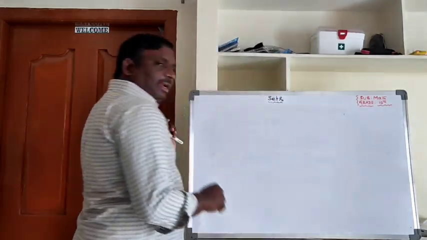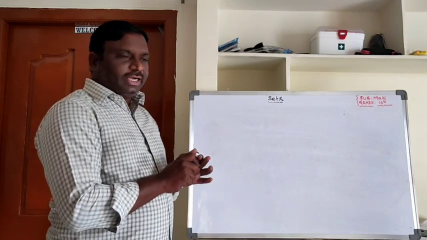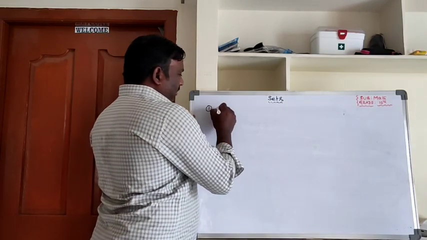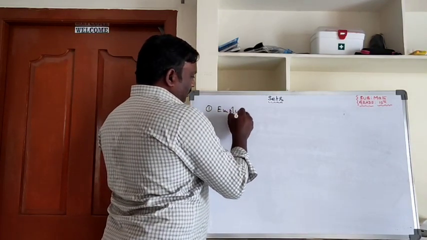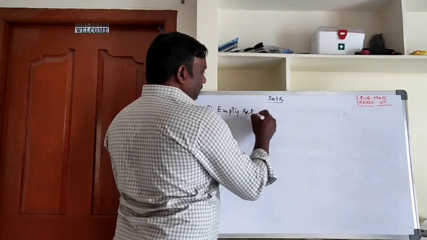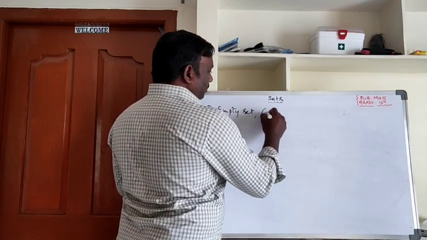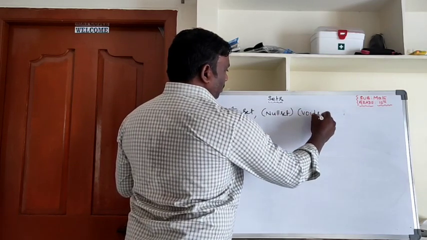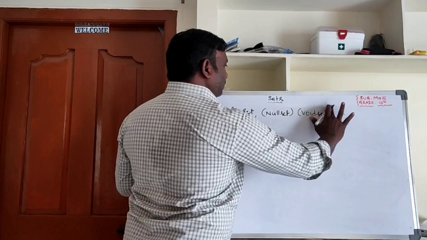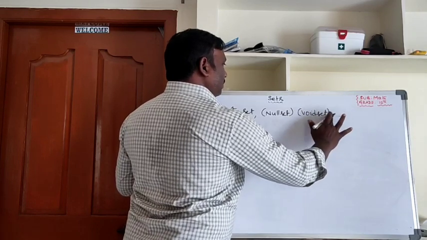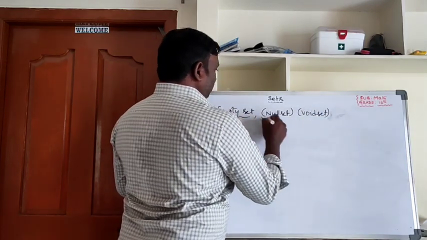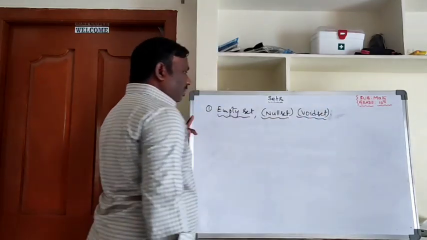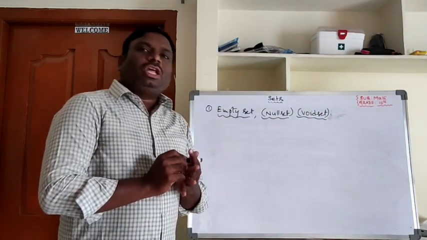Types of sets: empty set or null set or void set. First one is empty set, also called null set or void set. In a set there are no elements.